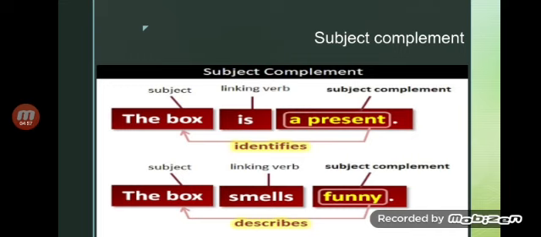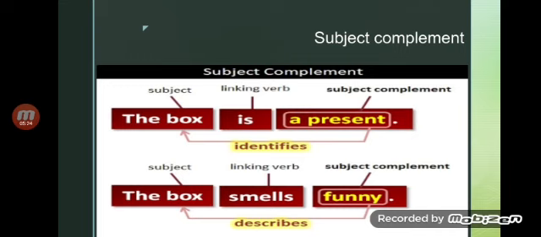Then the box smells funny. What is the subject here? In both these sentences, the subject is the box. It is connected by the linking verb, and then here comes the complement, in adjective form.